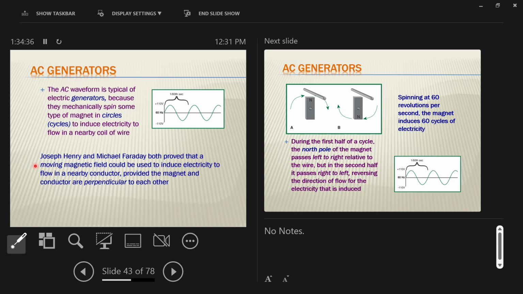So if you bring a magnet near a conducting wire, and you move the magnet one direction along the wire and then back the other direction, you are literally shifting the electrons in that wire back and forth. What does that sound a lot like? That sounds a lot like electricity, right? Moving electrons is electricity. So to start off, we can explain it by talking about magnets. So here we go.